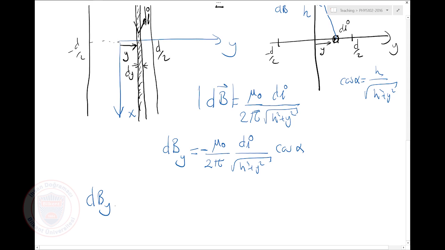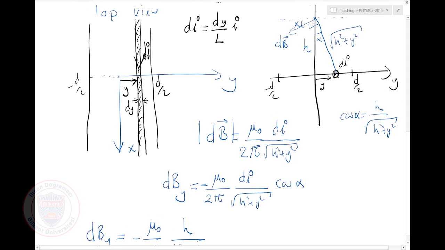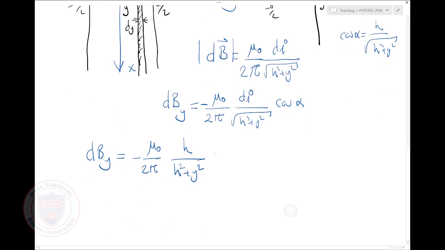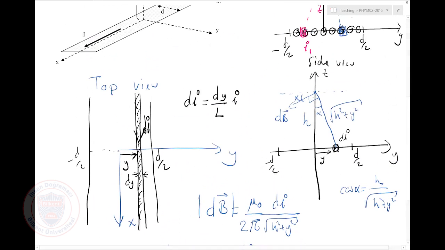So dBy would be minus mu 0 over 2 pi H divided by H squared plus Y squared, and di we have just said is I over L times dy. Where is the minus sign coming from? Because my y component is towards the negative y axis. That's why I wrote it down. Okay?